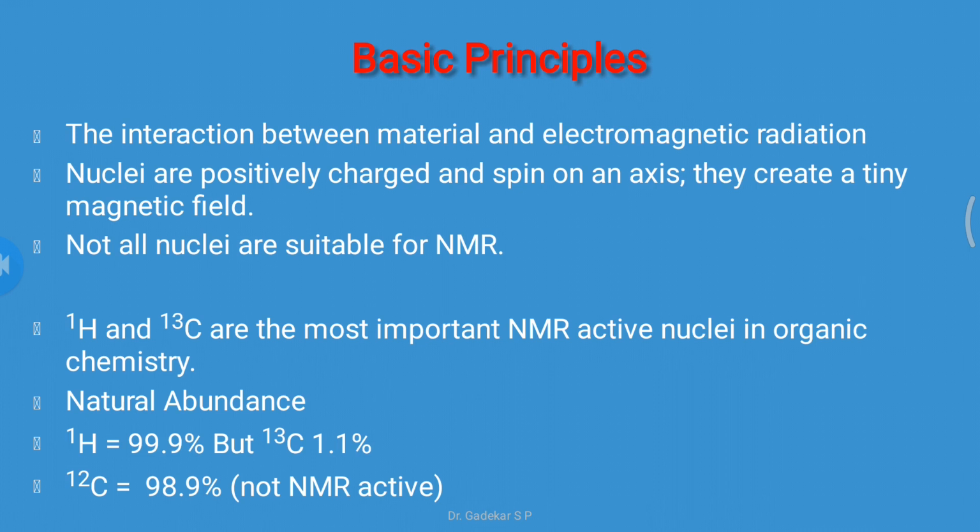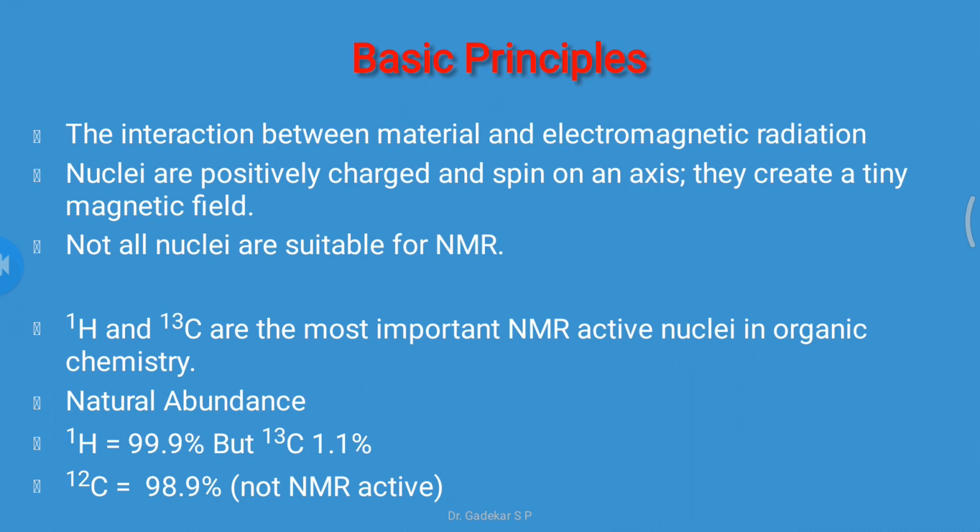Individual protons and neutrons have a spin quantum number of plus or minus one half.